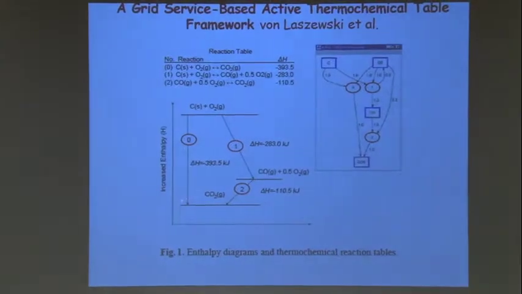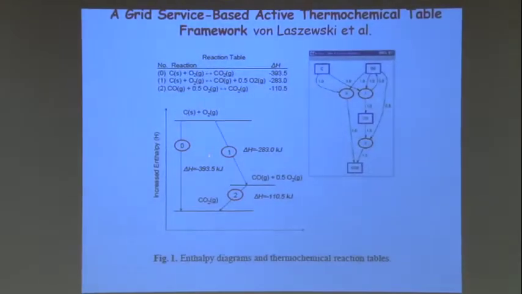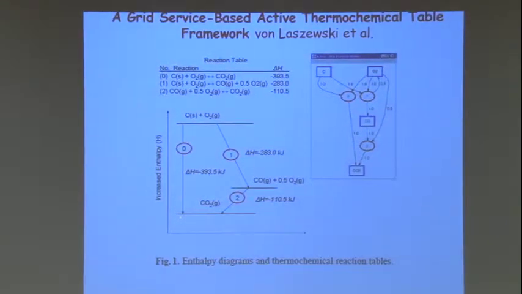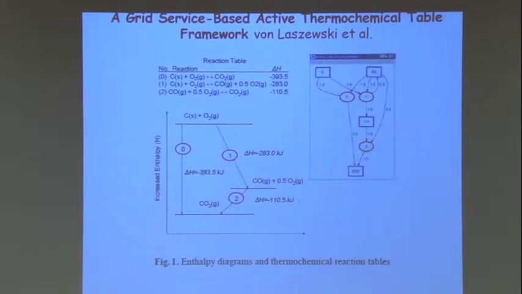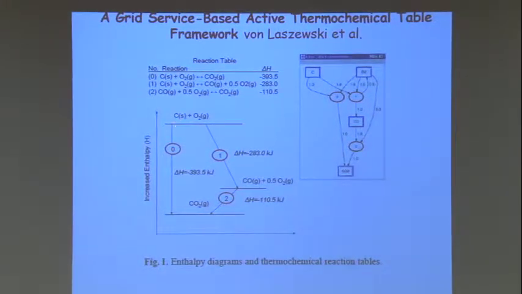So supposing we look at this relatively simple reaction system here, carbon, oxygen, and so we can go from CO2 to carbon plus O2 by dissociation. We can go from C plus O2 to CO plus a half O2, and we can go from CO plus a half O2 to CO2.